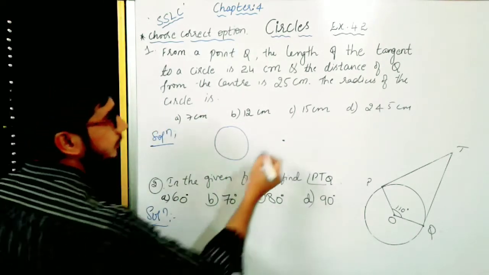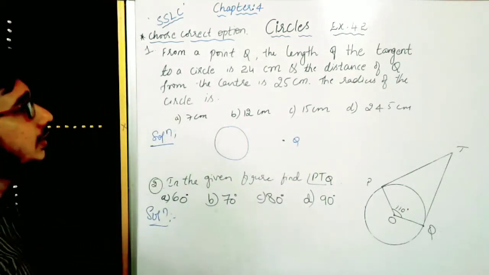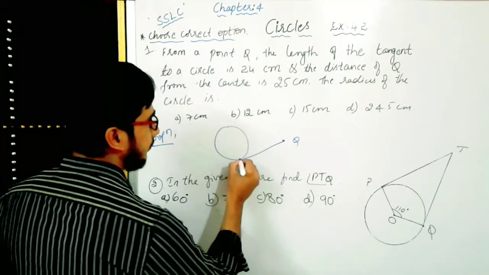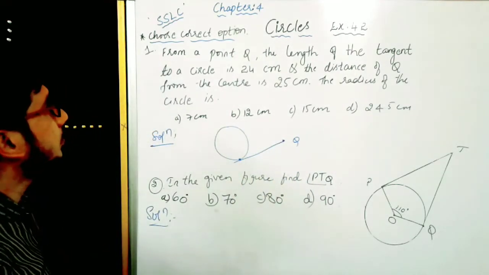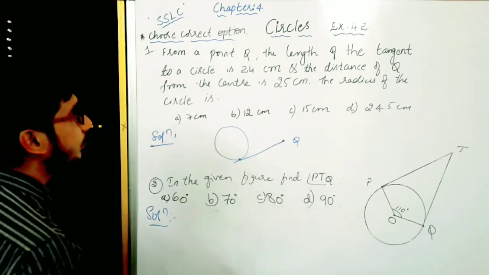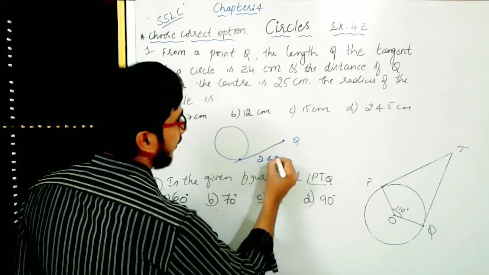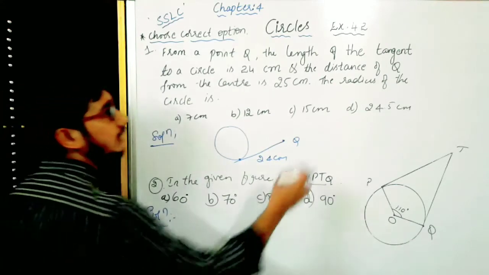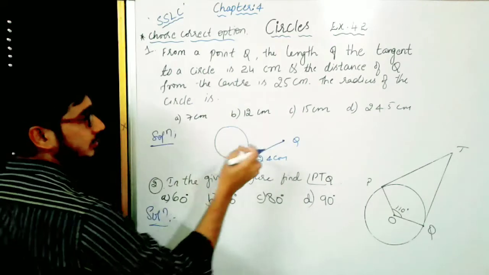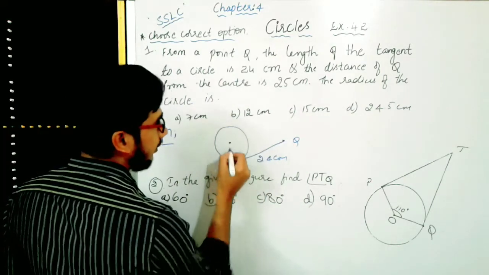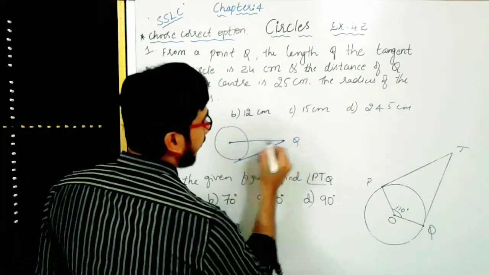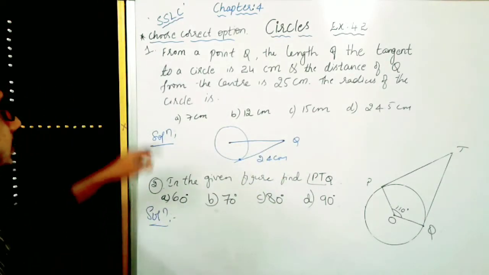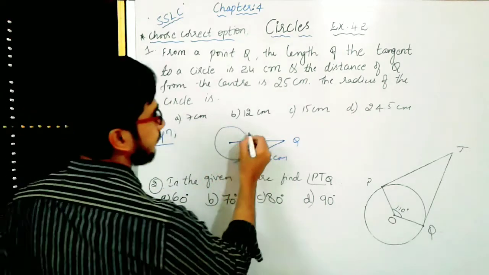From a point Q, the length of a tangent, this is a tangent, to a circle is 24 centimeter, and the distance of Q from the center, here it is the center, from the center to Q, what will be the distance? 25 centimeter.